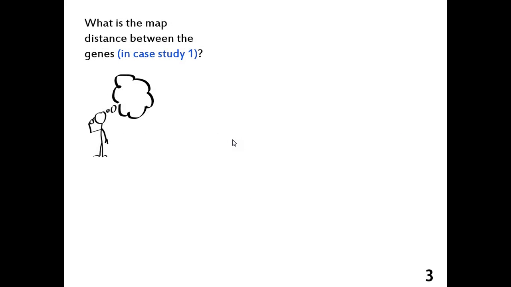Let's take a short while to do one more revision practice question in the context of case study 1. What do you think is the map distance between the genes in case study 1?